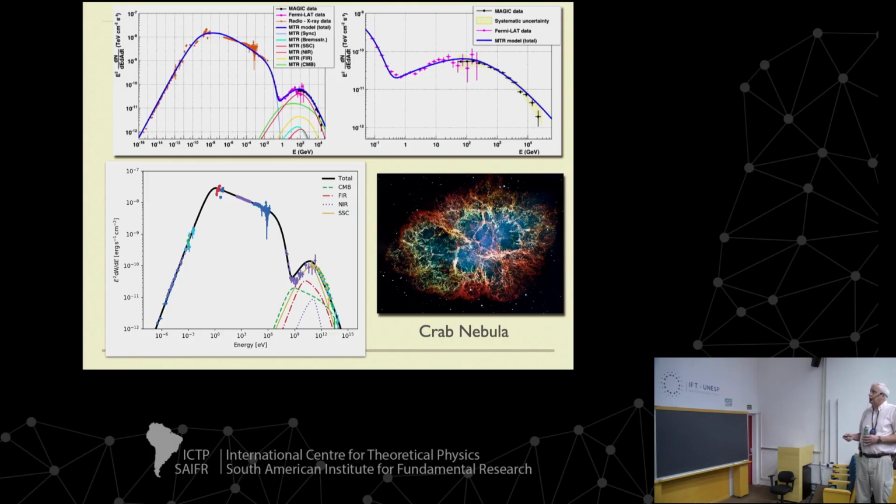So it is observed even beyond 10 tera electron volts in gamma rays, up to almost 100 tera electron volts. So it seems to be a pevatron. The particles that are producing the most energetic photons in this source should have energies of around 1 PeV.